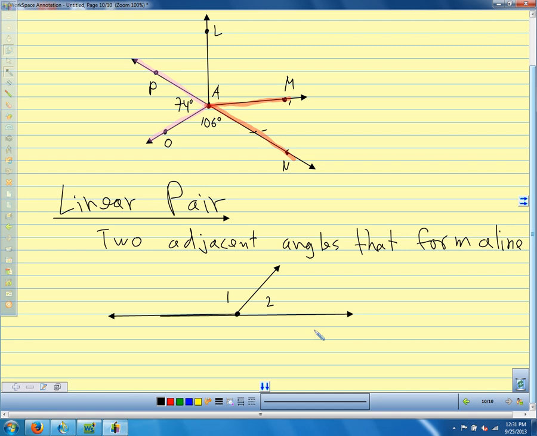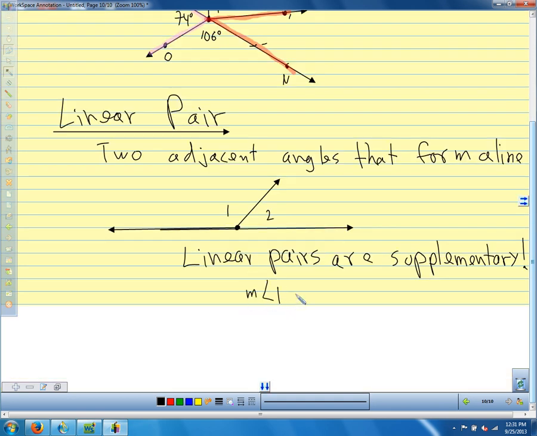They're supplementary. They add up to 180 degrees. Linear pairs are supplementary. So the measure of angle 1 plus the measure of angle 2 equals 180 degrees. So linear pair is another way of saying that they're supplementary. So they're adjacent angles that form a straight line.